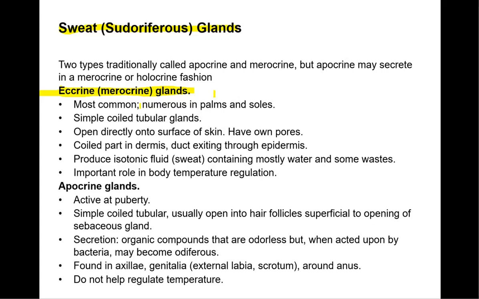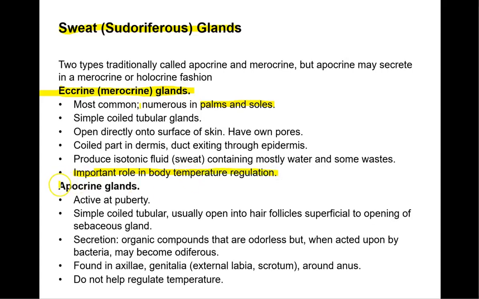But eccrine sweat glands are merocrine glands, and that means that no part of the cell is shed. These are the most common sweat glands, and they're very numerous in the palms of the hands and the soles of the feet. And they produce the watery sweat that is important in regulating body temperature.